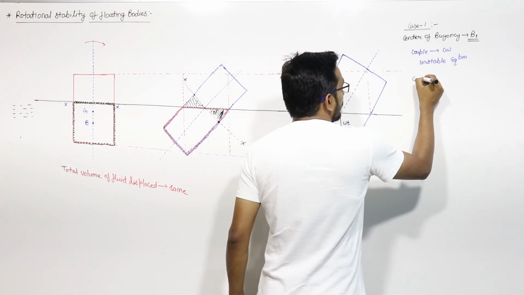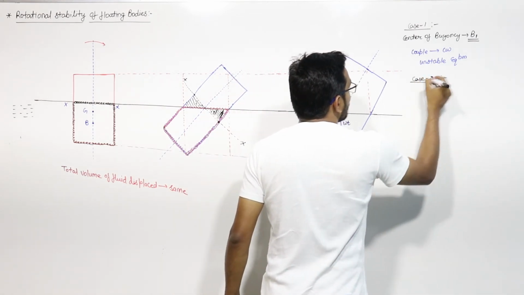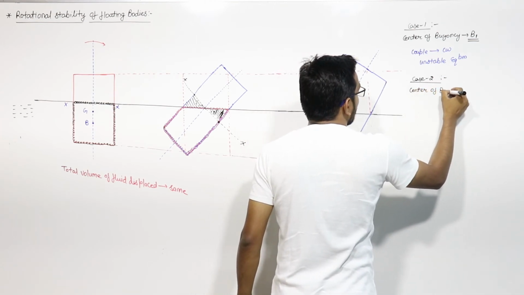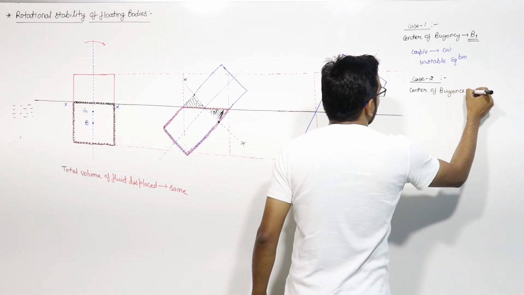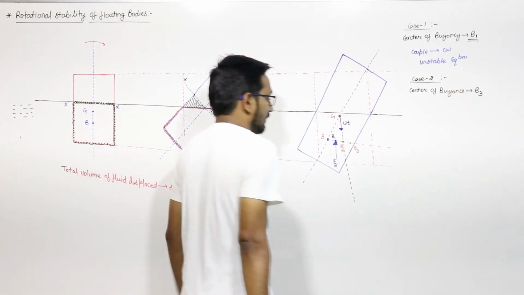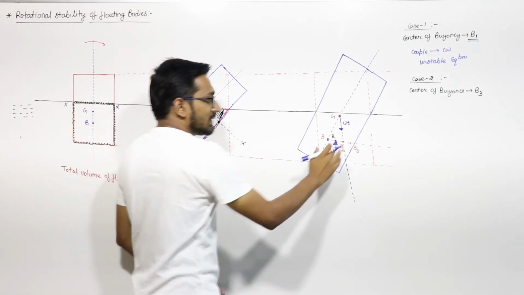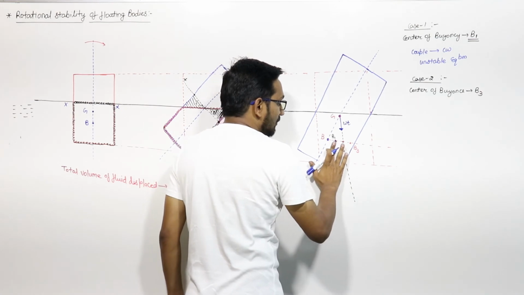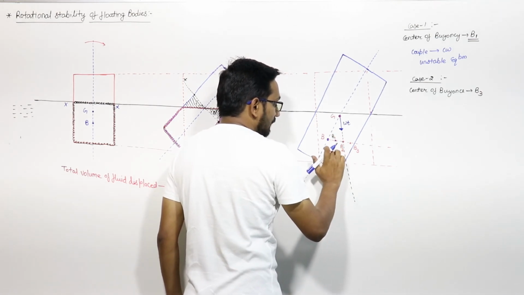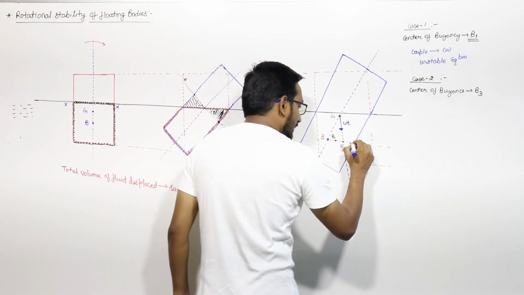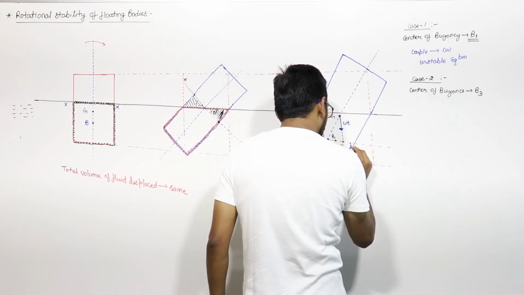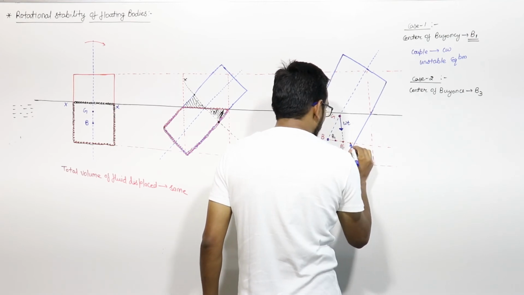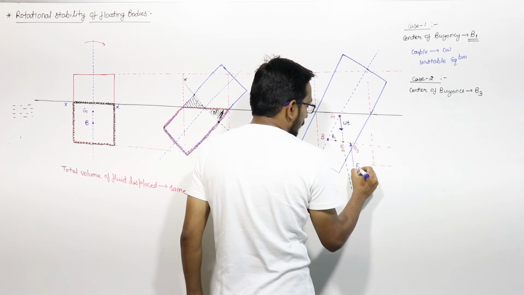If we talk about case 2, let us say that the center of buoyancy is at B3, not at B1. I remove this. So here we have a vertically upward force from this B3, that is the buoyancy force.